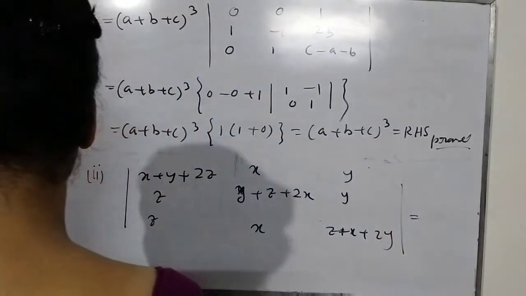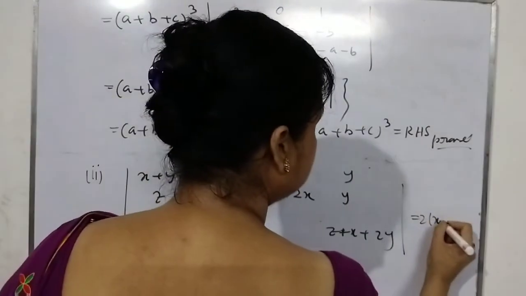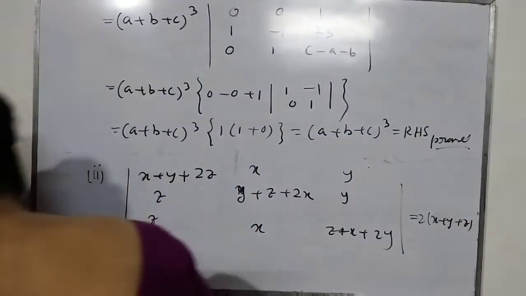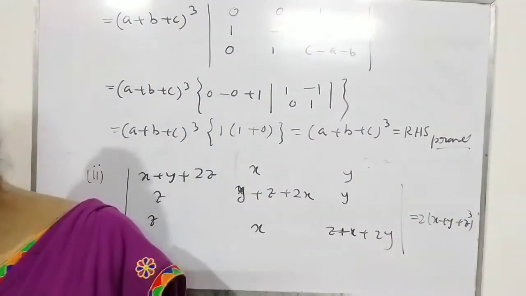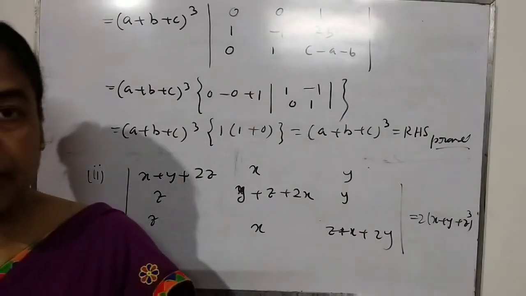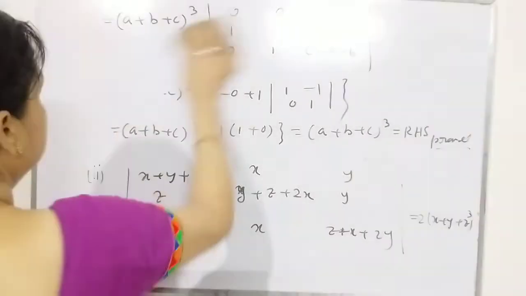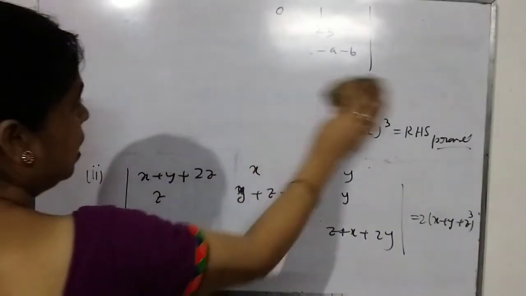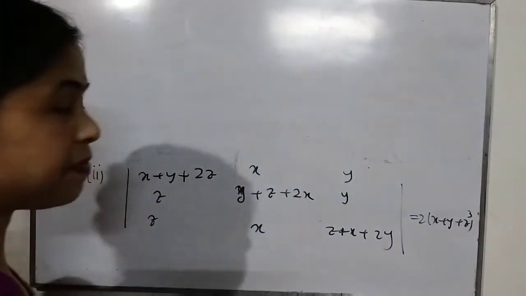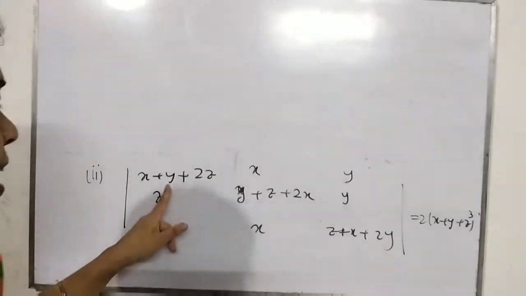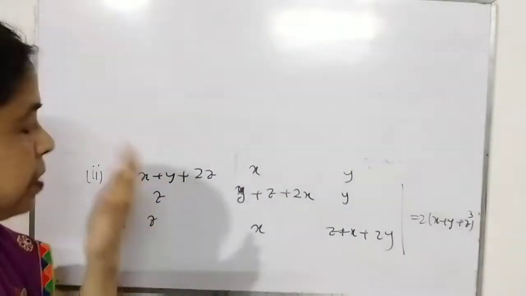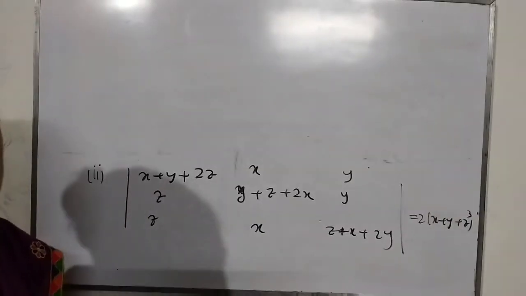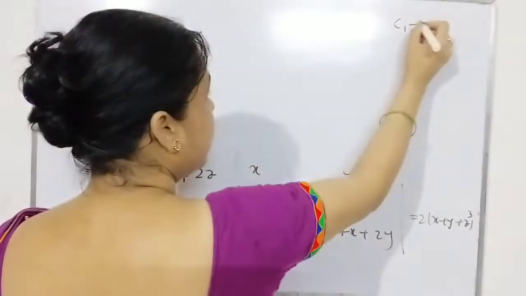And the right hand side is 2 times of x plus y plus z whole cube. Take your left hand side, and after taking the left hand side, what you will have to do? If I add in row, it will not help you. So take your left hand side and add the columns.